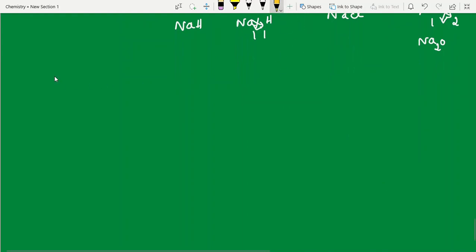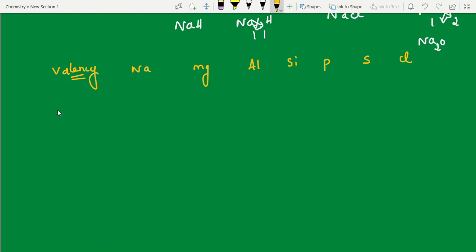Now, see, valency with sodium, third period elements, all you can write: sodium, magnesium, aluminium, silicon, phosphorus, sulfur, chlorine. With respect to hydrogen also you can write.